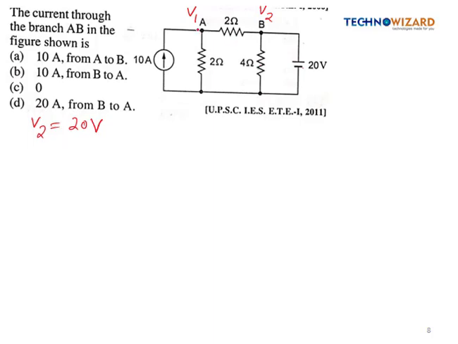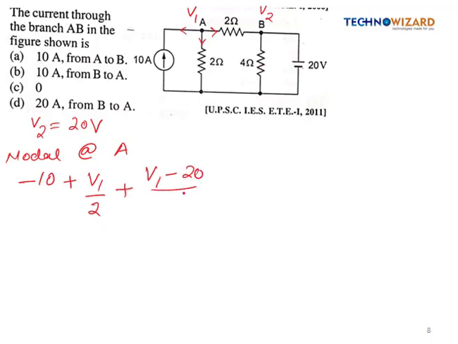So we have to apply the nodal at node A. In the nodal we consider the current in the outward direction, right? So we consider the current in the outward direction, so it is in opposite, so it will be minus 10 plus V1 by 2 plus (V1 minus V2) divided by 2 is equal to 0, where V2 value is already 20, right?